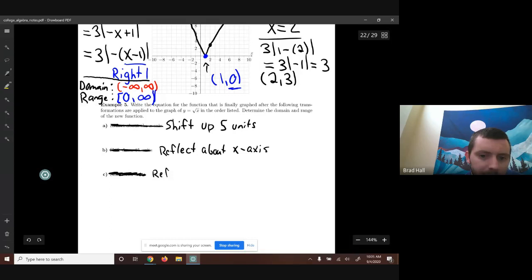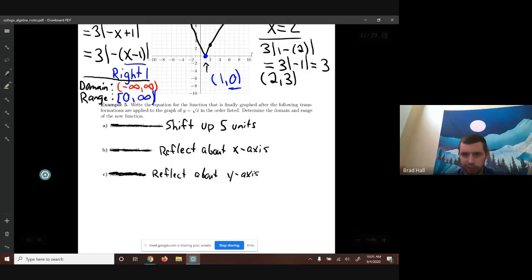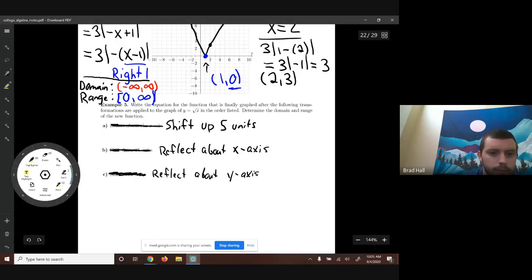And then we'll reflect about the y-axis. So we're just changing that problem entirely, because I've gotten a few questions already about this problem. And it's for one reason. I'll explain why in a bit.